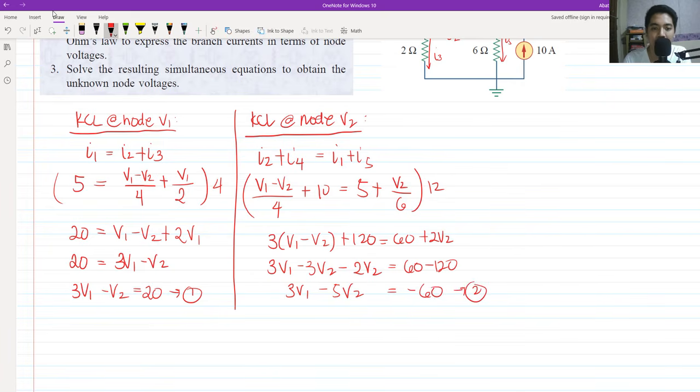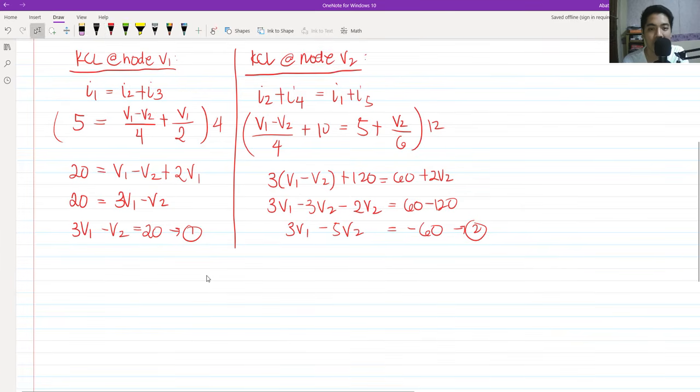As you can see, for equation 1 and equation 2, if I subtract equation 2 from equation 1, V1 would be cancelled. So we have 3V1 minus V2 equals 20, minus equation 2. That is what we did: equation 1 minus equation 2. So we have negative 3V sub 1.